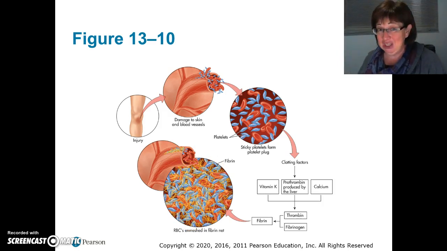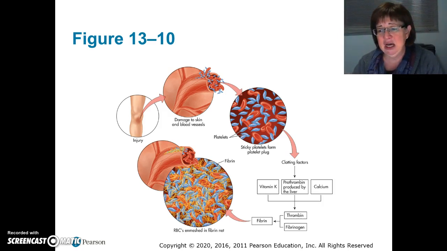So it's actually quite a very complicated process, but we simplified it in the fact that platelets get activated. Platelets result in forming a platelet plug to temporarily block things. Platelets will also release other chemicals, one being serotonin, which causes the vessels to constrict.